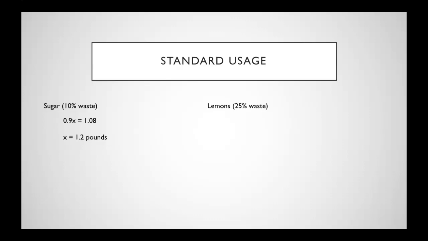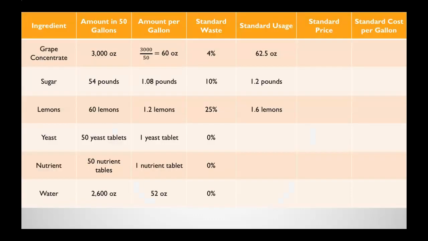Now lemons have 25% waste. So we're going to have 0.75x equals 1.2, meaning that we will need 1.6 lemons per gallon of wine. So we can toss those numbers into our table.